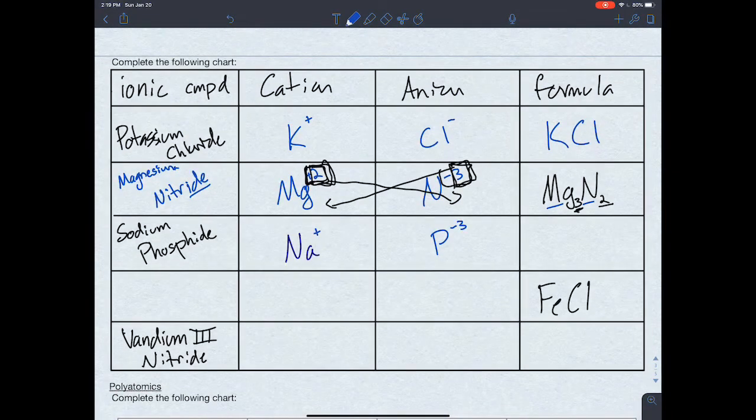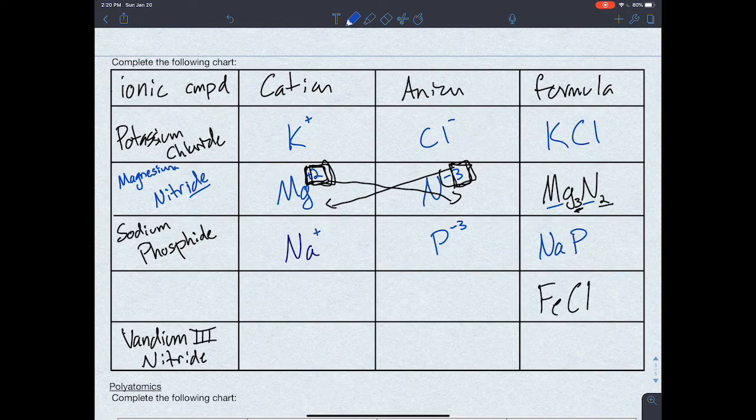Now we need to figure out the formula. So we have +1 and -3. There are a couple different ways you can do this. You can criss-cross them, or you can just look at it and think about what needs to balance it. If we just put it together like this, NaP, you're going to have +1 and -3, so it's not balancing out.